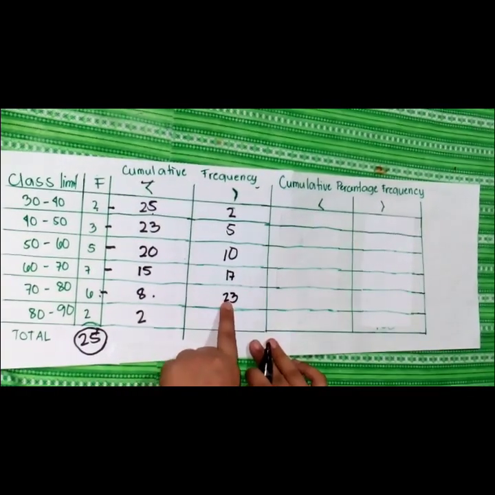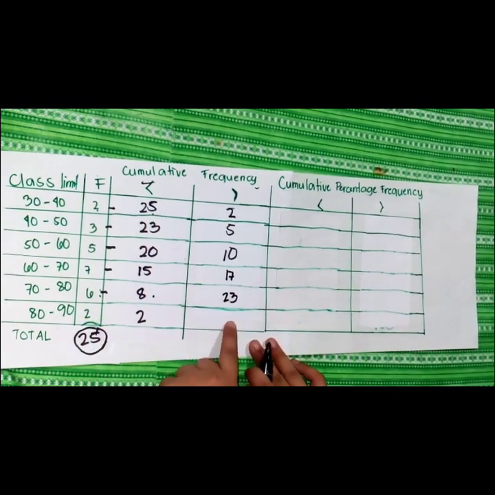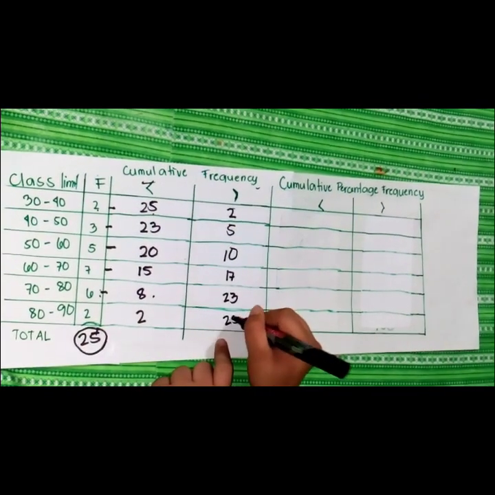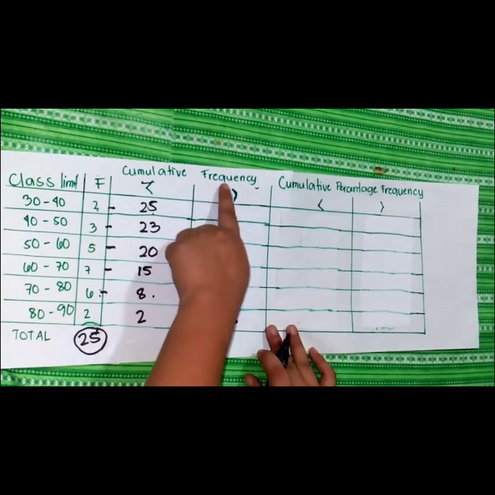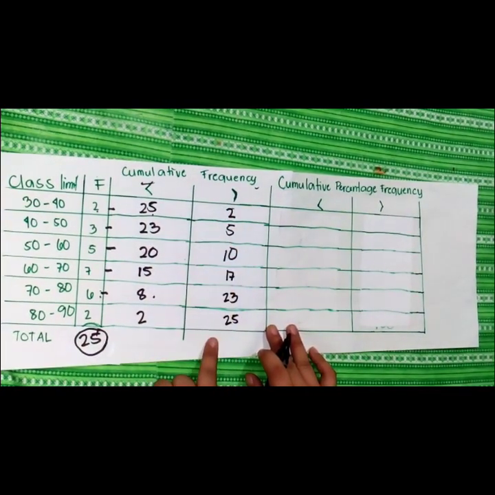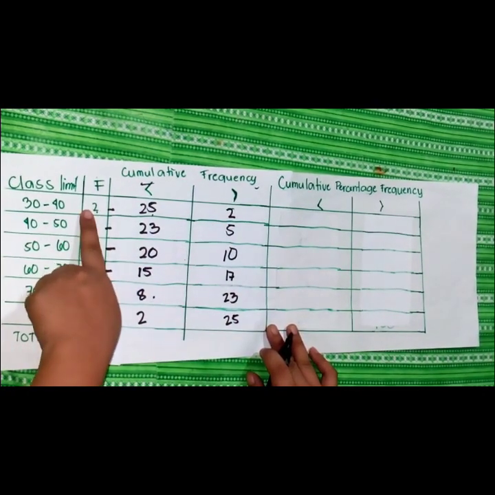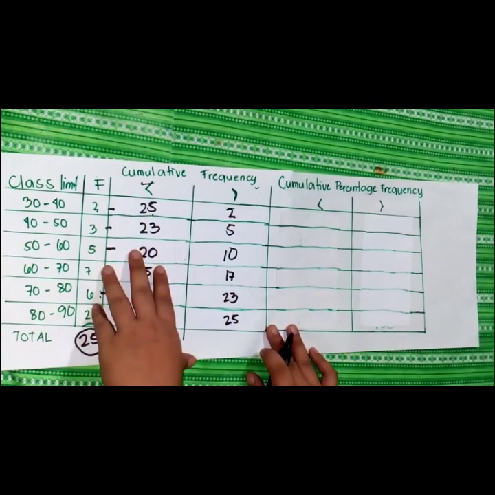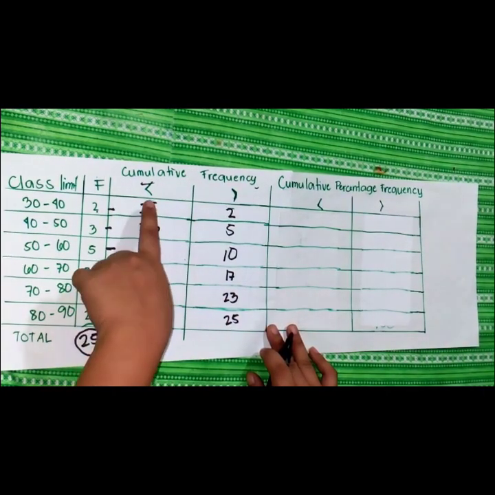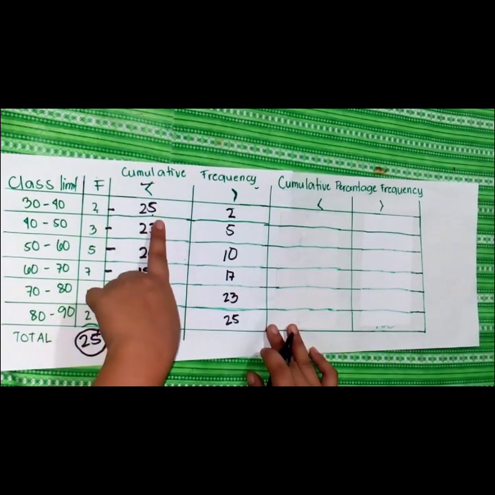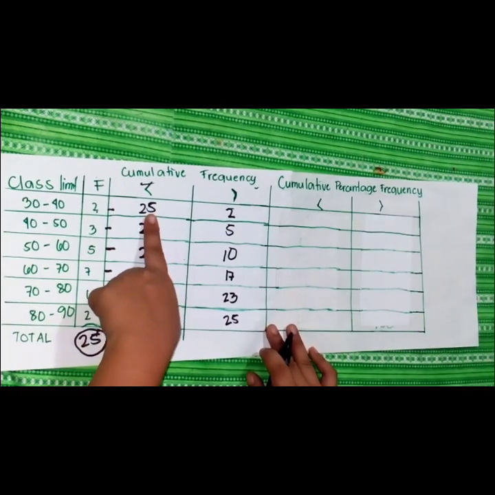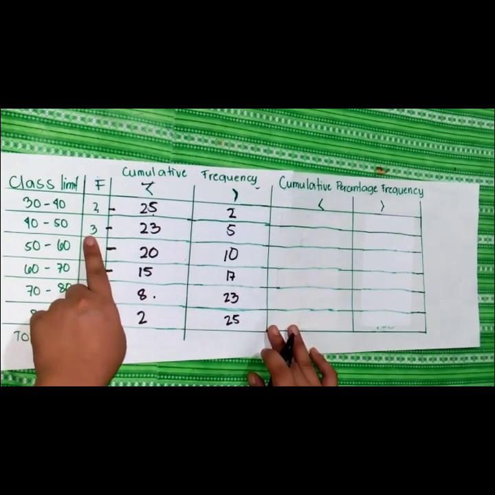And 23 plus 2 is equals to 25. And that is how to find the cumulative frequency greater than. We add the cumulative frequency greater than to our frequency, and to find the lesser than, we subtract the frequency from the cumulative frequency lesser than.